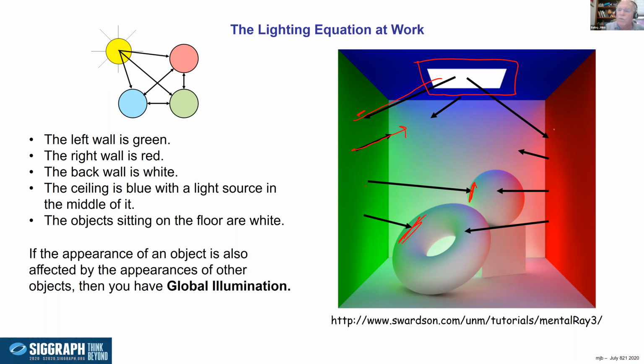Same thing with the red, you know, and actually you can see the red bleeding into the back wall and green bleeding into the back wall and red bleeding here and red bleeding there and so on. This is a great example of that energy balance. Light energy is not created or destroyed, it is just redistributed according to the rendering equation.